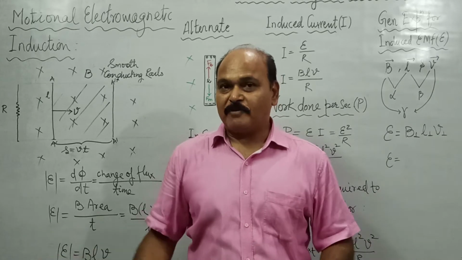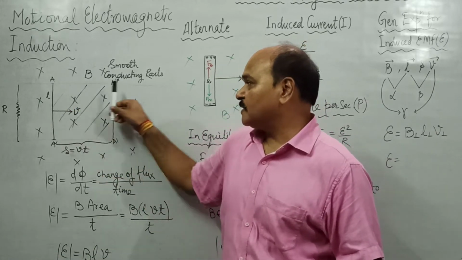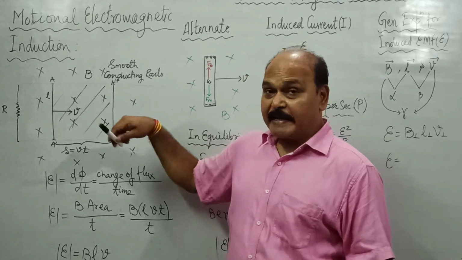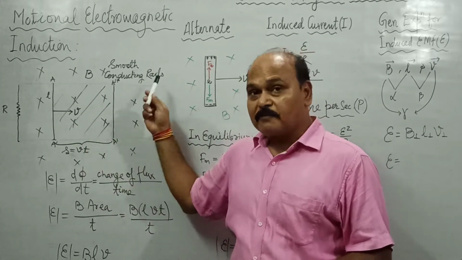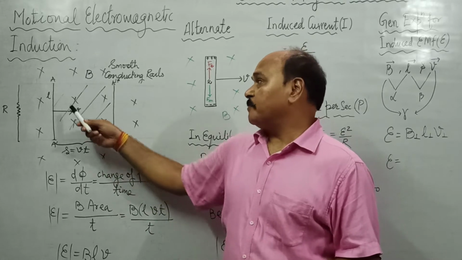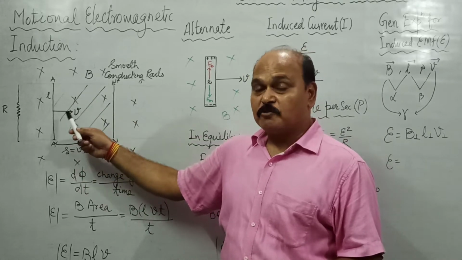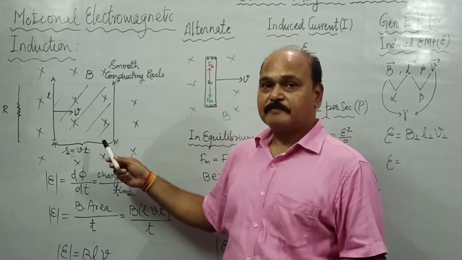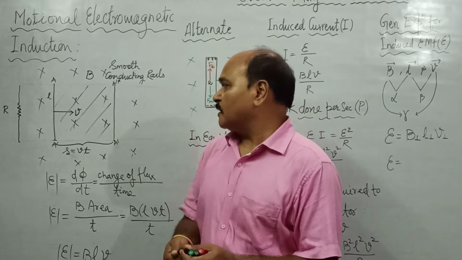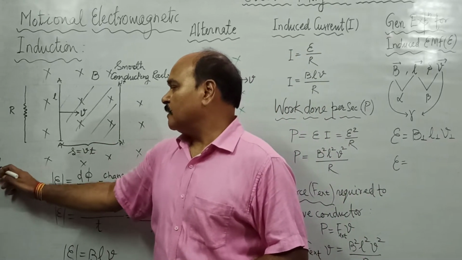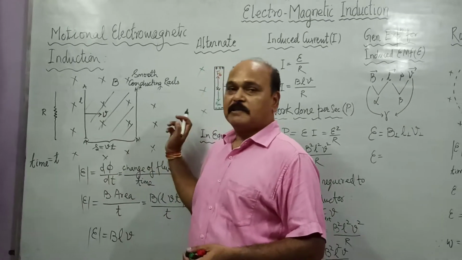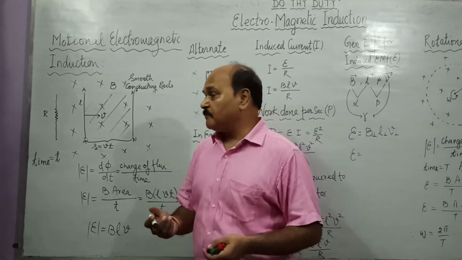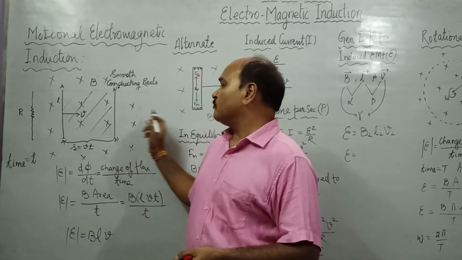So what is the change of flux as the conductor moves from one place to another? Whatever area it sweeps, the flux lines in that area are the flux change passing through the conductor as it moves from here to here. Let us assume that the conductor moves for time t with velocity v. How much distance is it going to cover?